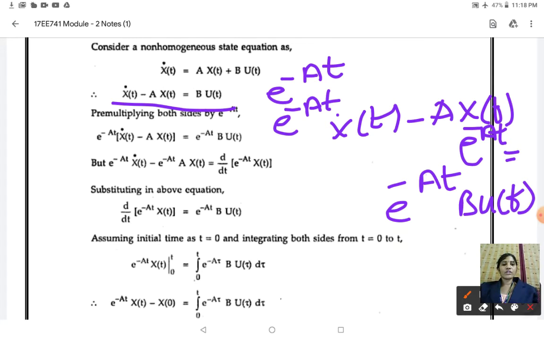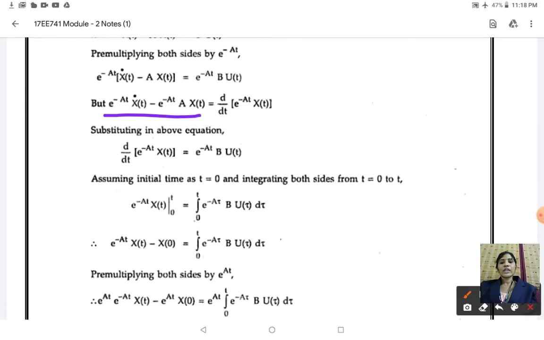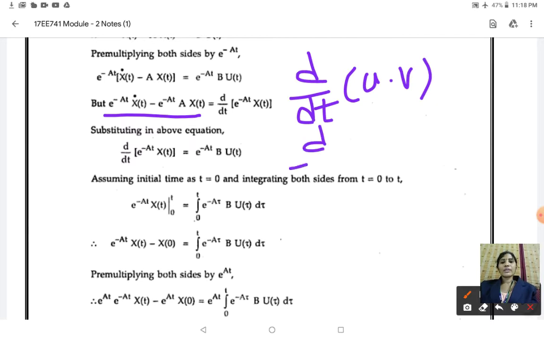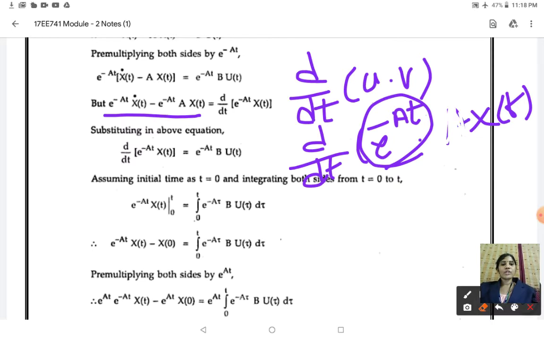The left side of the equation resembles d by dt of u into v, that is, first term into differentiation of the second term plus second term into differentiation of the first term.